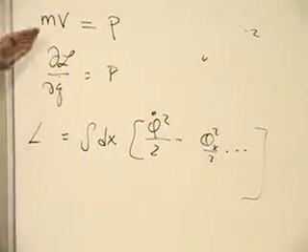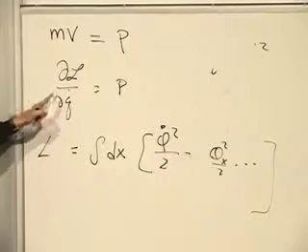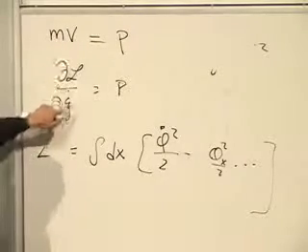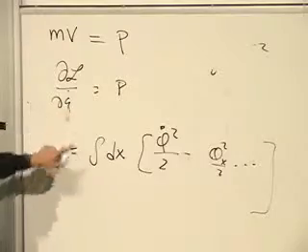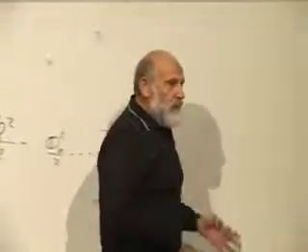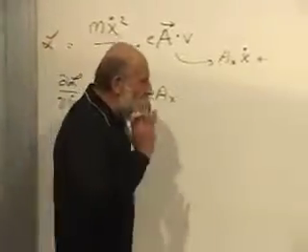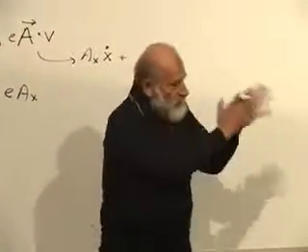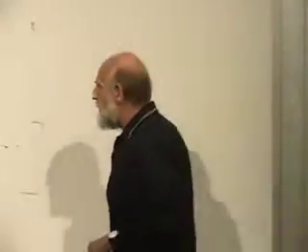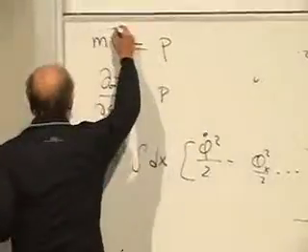Now, just like we define canonical momentum conjugate to a coordinate by the derivative of the Lagrangian with respect to the velocity, we can define a thing called field momentum. Field momentum is not linear momentum. It's not a vector in space. It doesn't have a sense of direction. Ordinary momentum has a direction in space.